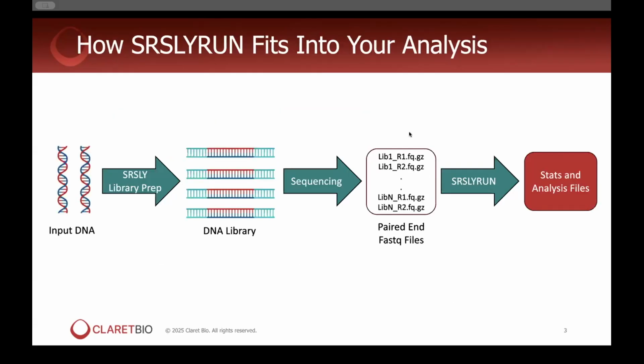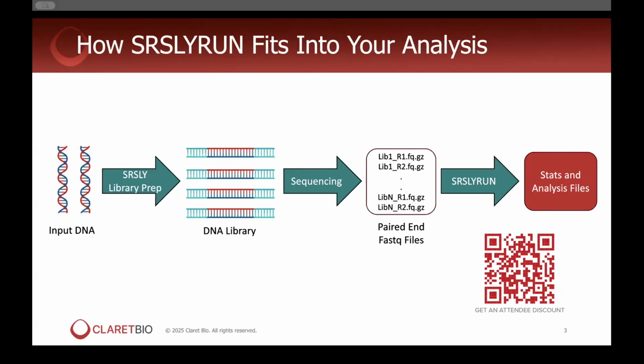One of the things we want to talk about today is where exactly Seriously Run fits into the analyses that you're performing. Within the general workflow of your analyses, you start with your input DNA. Obviously, you're going to be using Seriously Library Prep, best library prep around. With this, you're generating your DNA library. Ultimately, you sequence that to generate your paired-end FASTQ files.